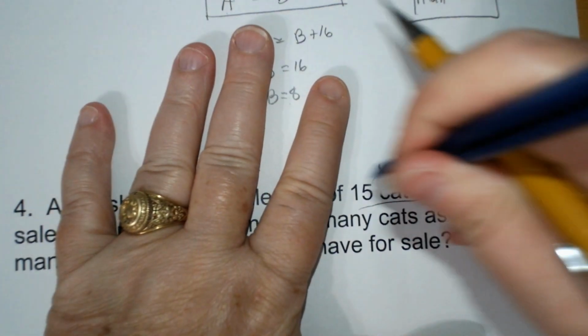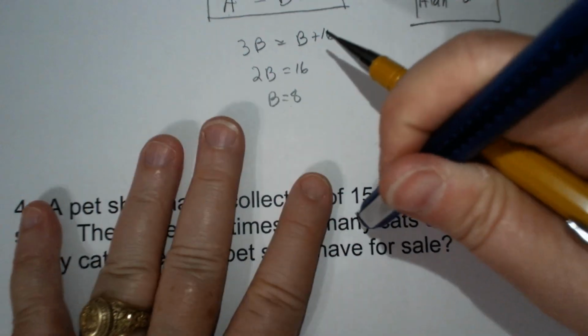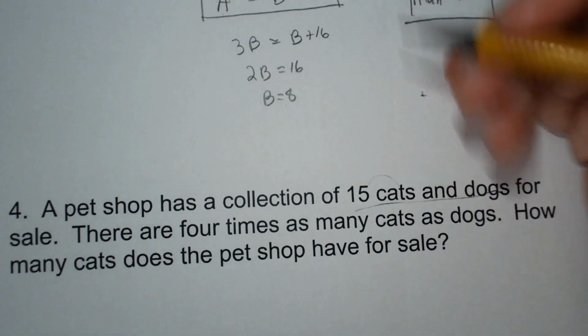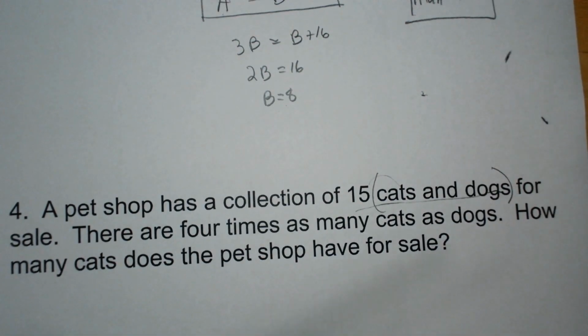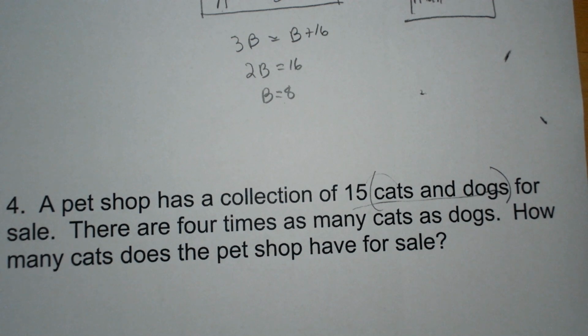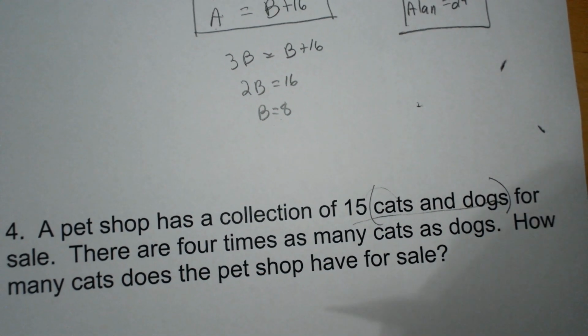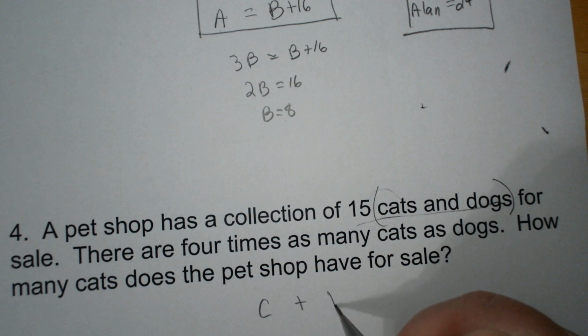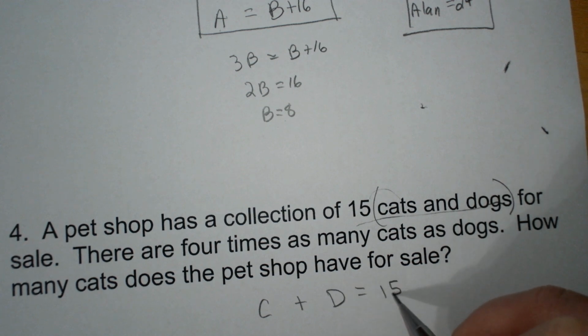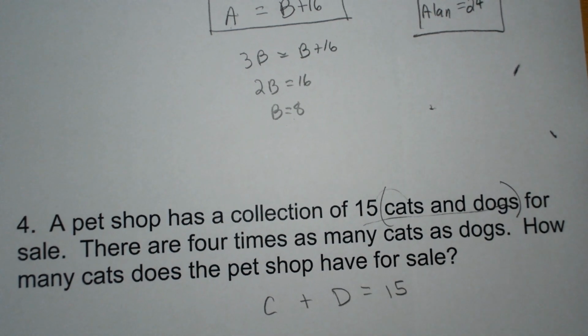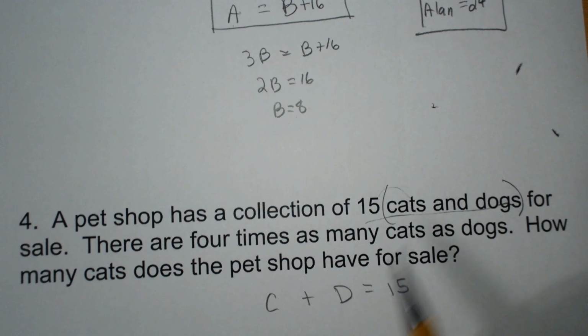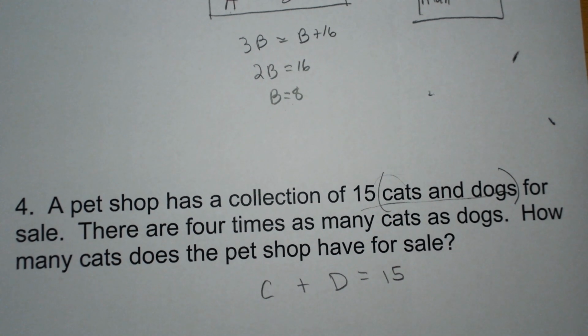That means that total, a total of the 15 cats and dogs. So it says cats and dogs equals 15. It doesn't say 15 cats and some dogs. It says I have 15 cats and dogs.